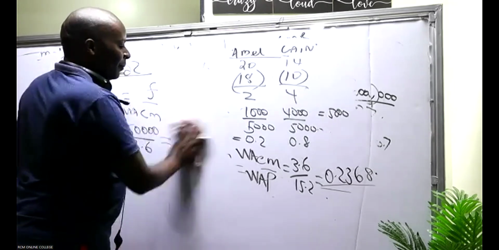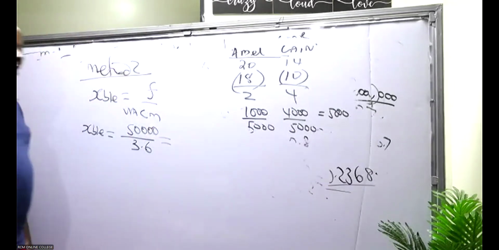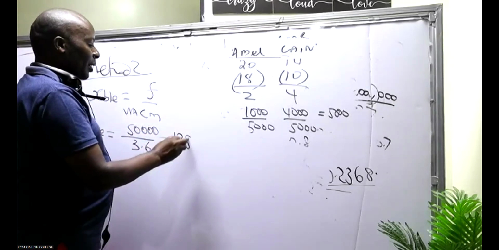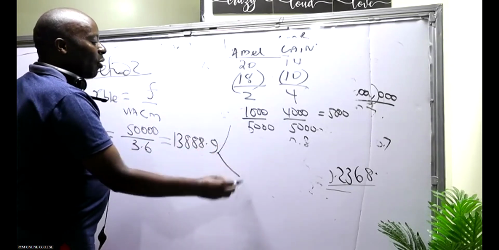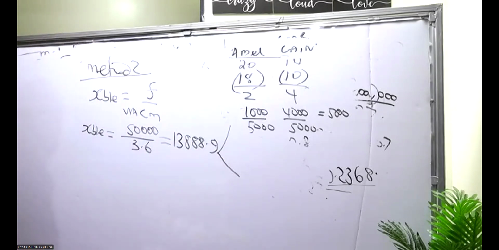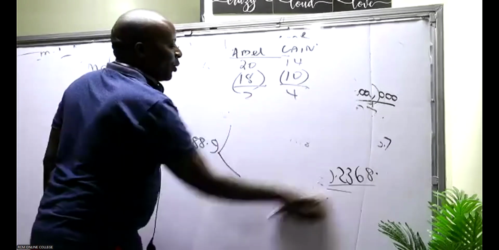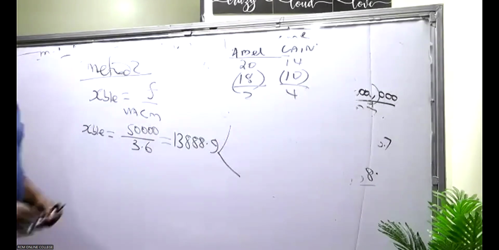50,000 divided by 3.6. What figure shall we get here? 13,888. But now remember, friends, that this is a combined output, which I may want to split between Abel and Cain.